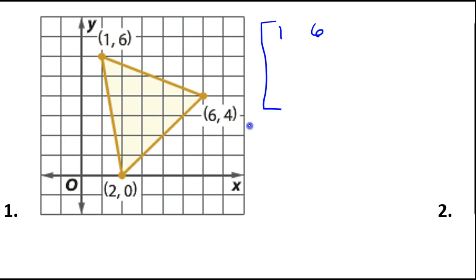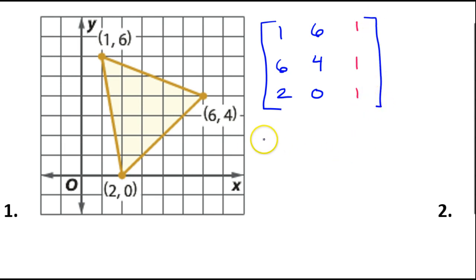My next vertex is 6, 4, so I'm going to have a 6 and a 4. And then my last vertex is 2, 0, so I'm going to have a 2 and a 0. Now, I will have a third column that's full of 1s. 1, 1, 1. And that is how you set up your matrix.